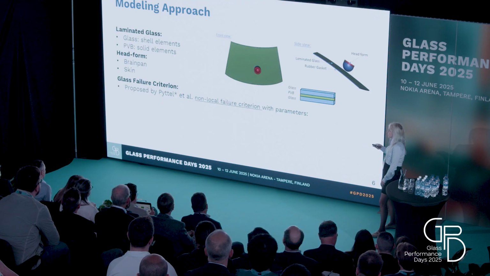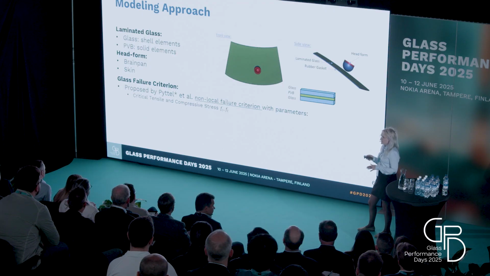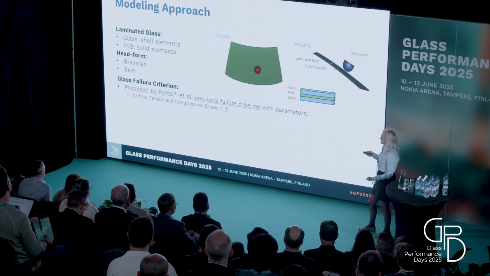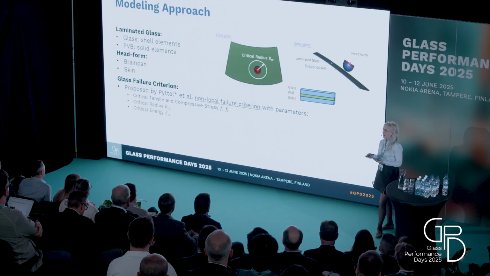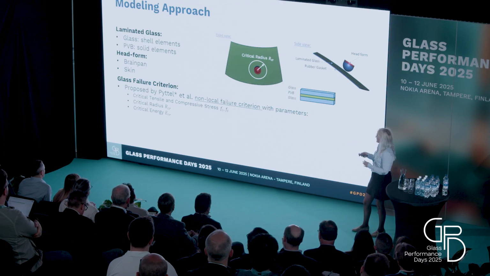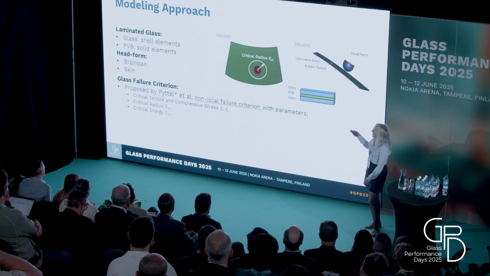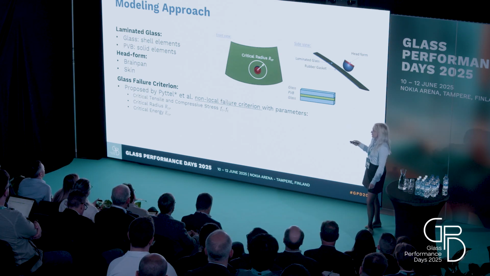And here we were using a nonlocal failure criterion, which consists of 2 main parts. Critical stress, tensile stress and compressive stress, and 2 energy parameters, critical radius and critical energy. What does it mean? Basically, critical energy is internal energy measured in the circle defined by the critical radius.